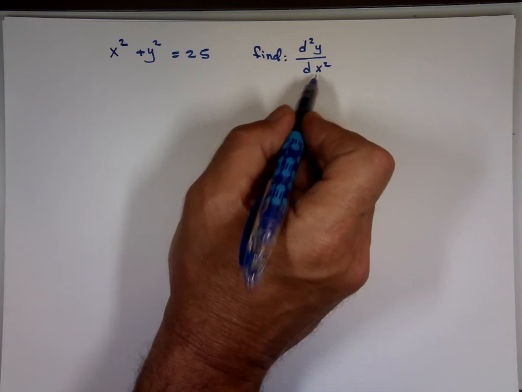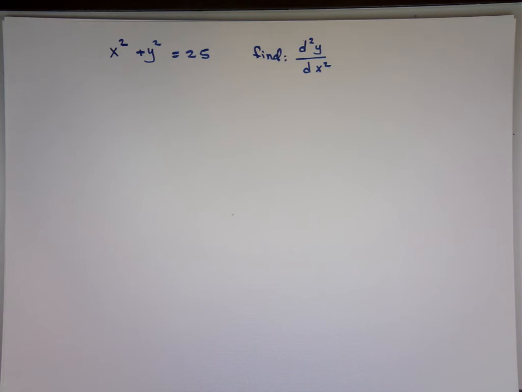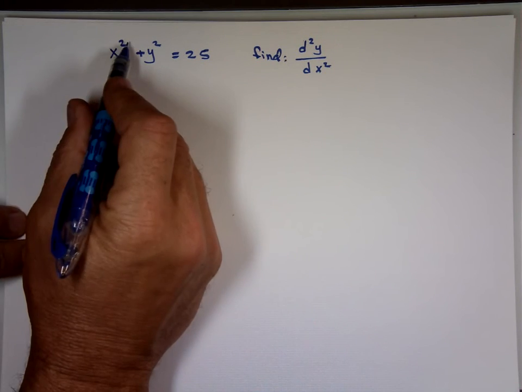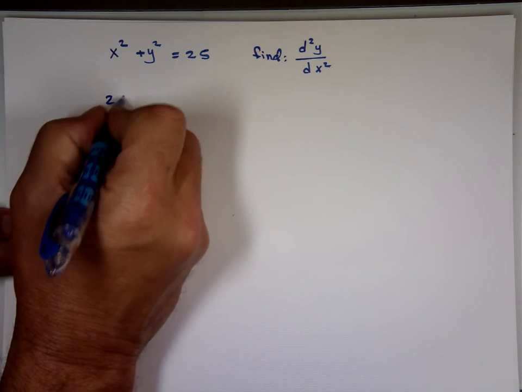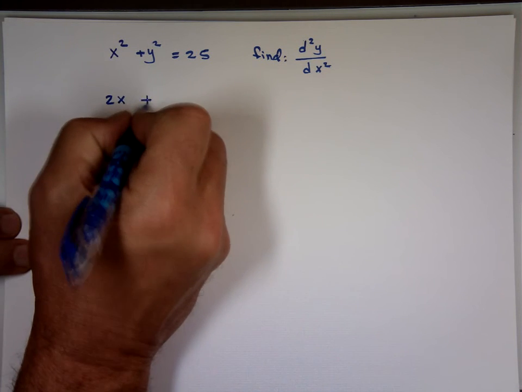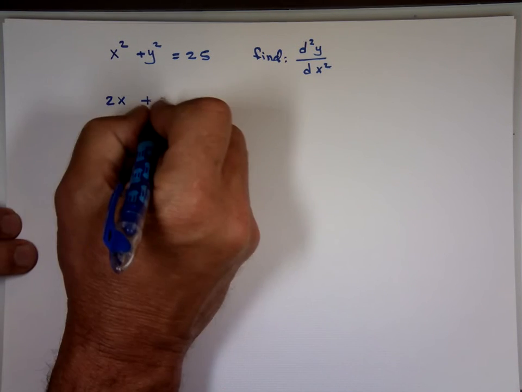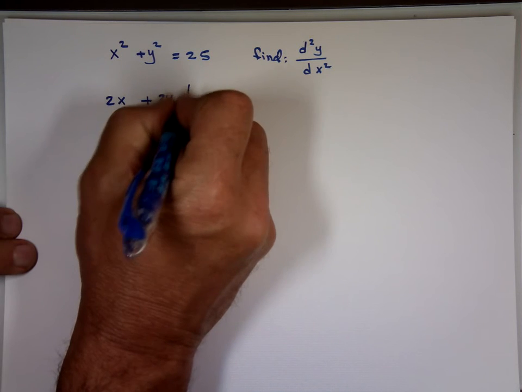That's how it's written. If I do implicit differentiation, because that'll be easier, the second derivative means you have to find the first derivative first, then take the derivative of that. So I have to find dy/dx first. The derivative of x squared is what? 2x. The derivative of y squared is what? 2y times dy/dx.